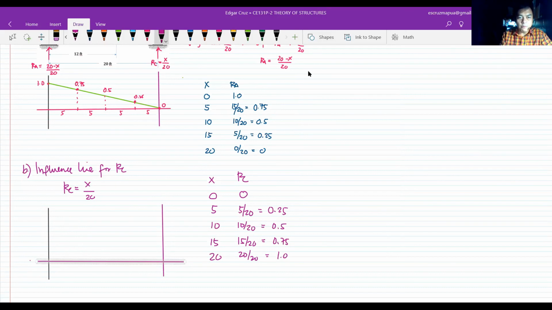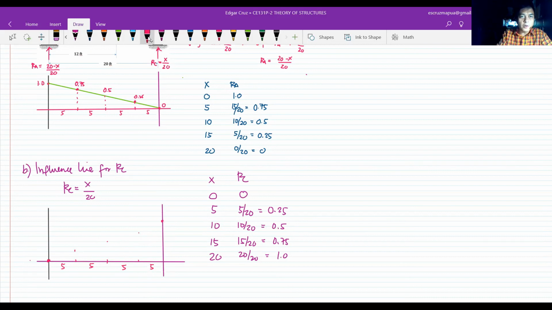So the influence line would be again at x equal to 0. Lalagyan ko lang siya ng division. So say ito yung 5, 10, 15, 20. Okay, so at x equals 0, 0 ang RC. So andito siya. At x equals 5, 0.25. So nandito siya. 0.25, tapos ito 0.5, ito 0.75, tapos ito yung 1.